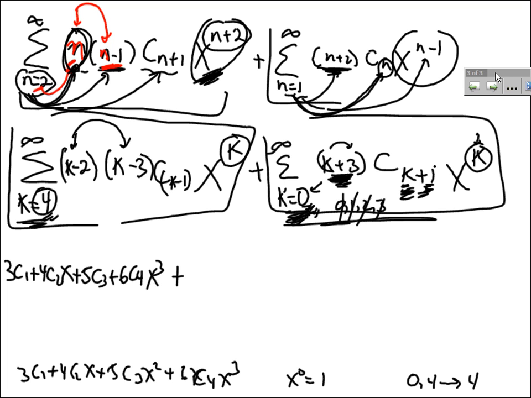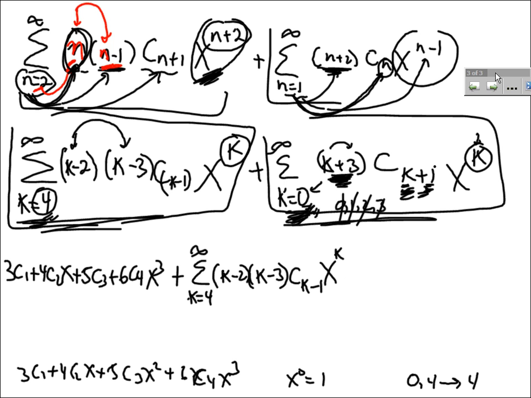Okay, plus this piece, the summation as k goes from 4 to infinity of k minus 2 times k minus 3 times c sub k minus 1 x to the k, plus the next summation.